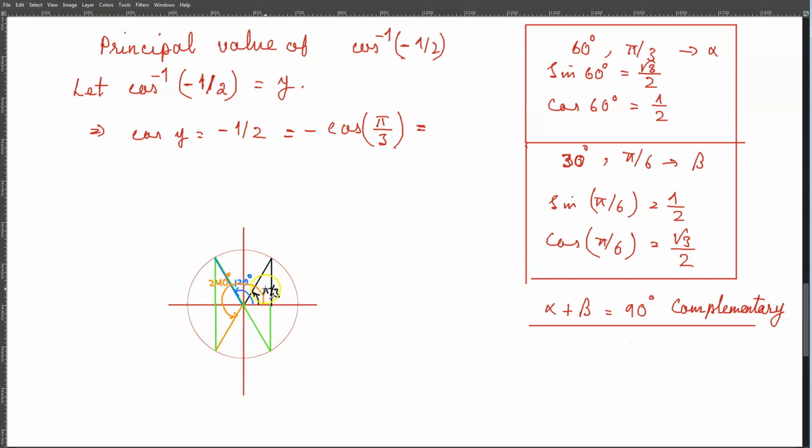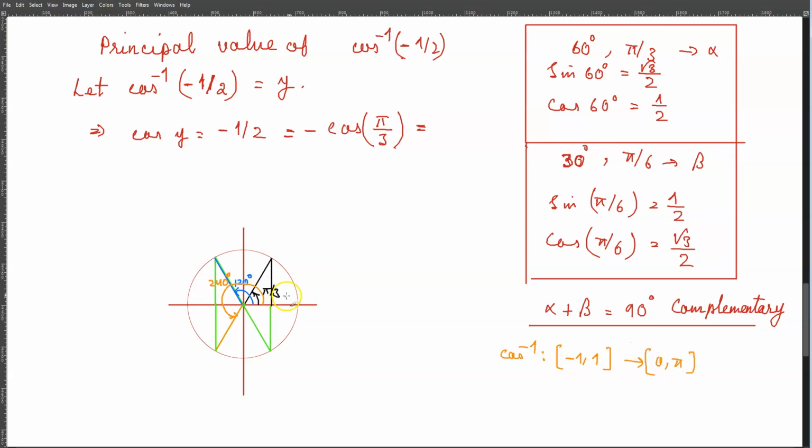240 degrees. Now, I need to pick one of these two angles, provided that the angle is actually in the range of the cos inverse function. We said that the cos inverse function goes from the closed interval -1, 1, to 0, pi.